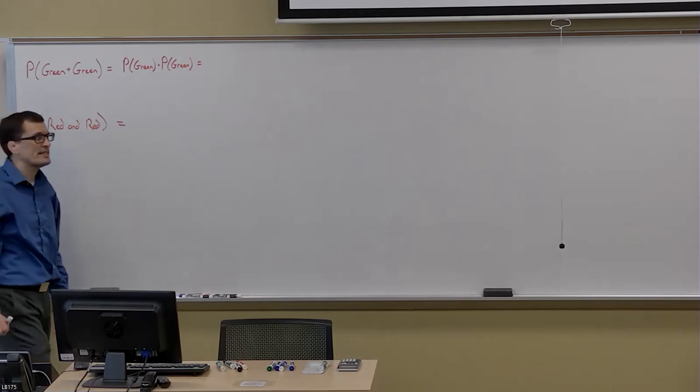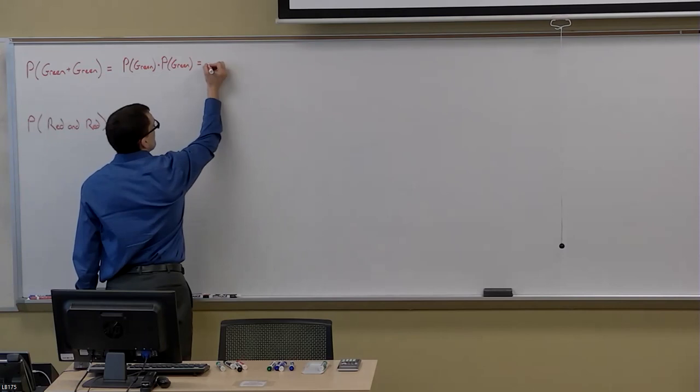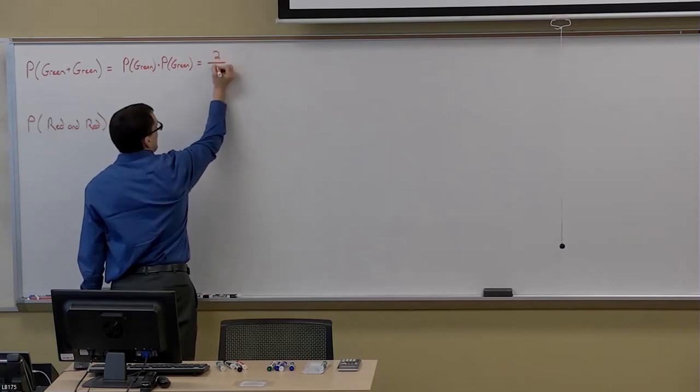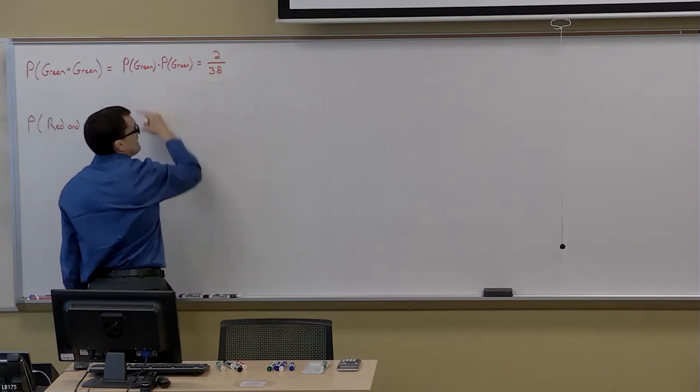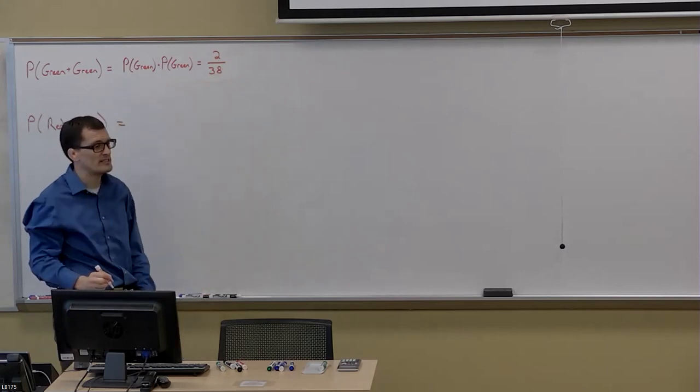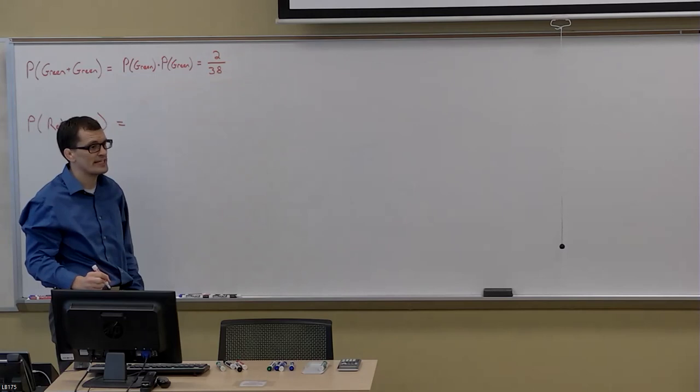If there are 38 slots, 2 of which are green, then the probability of getting green using classical probability is 2 over 38.